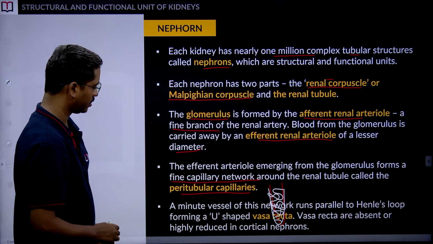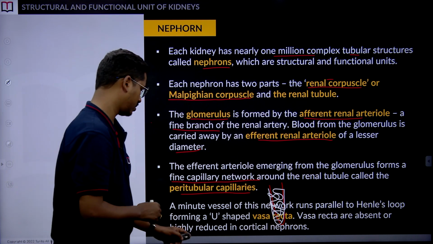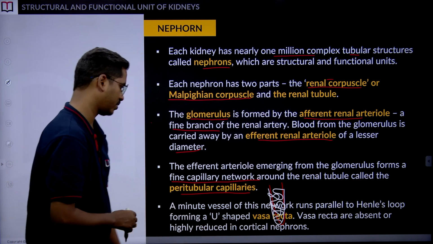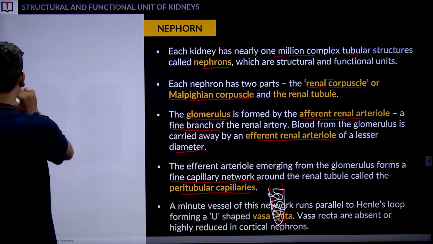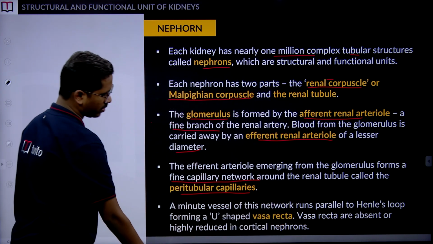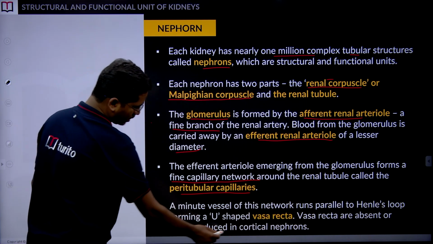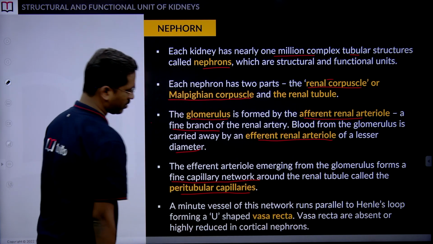And next, you see a minute network runs parallel to the loop of Henle, and vasa recta are absent or highly reduced in cortical nephrons. This presence or absence of the vasa recta depends on the nephron type, because we do not find the vasa recta in the case of cortical nephrons.